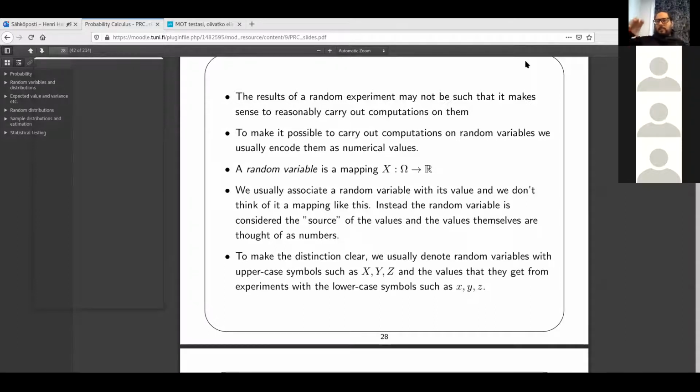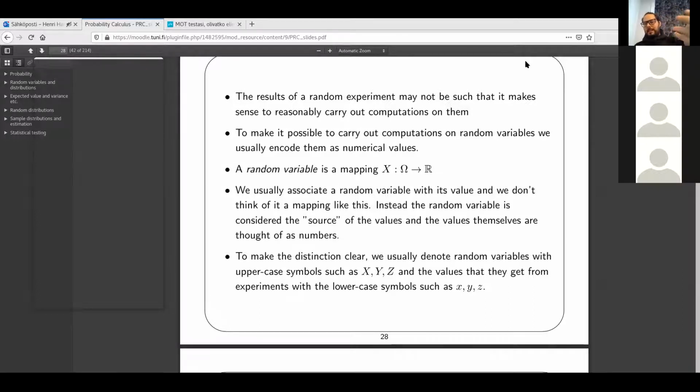It tells you that when the die looks like this, I'm going to give it number 1. When the die is in this, I'm going to give it number 2. When the die looks like that, I'm going to give it number 3. So we usually associate the random variable with the value, and we don't think of it as a mapping like this. But in reality, the sample space consists of things that are not necessarily numbers.